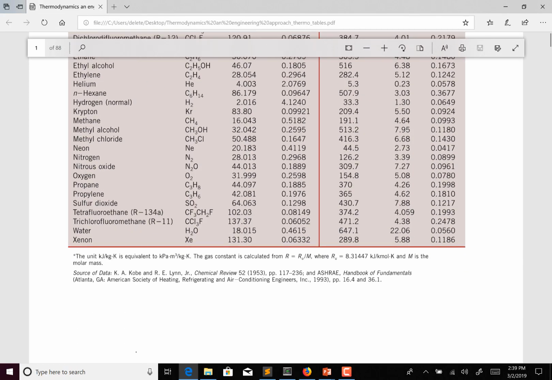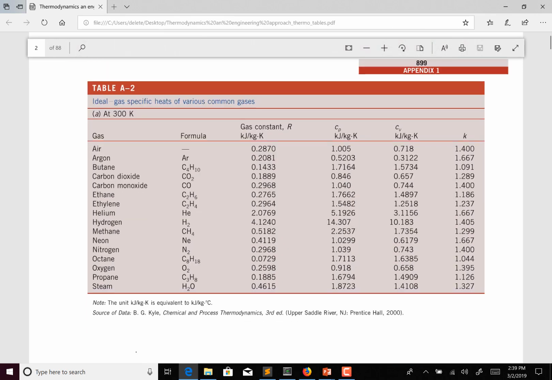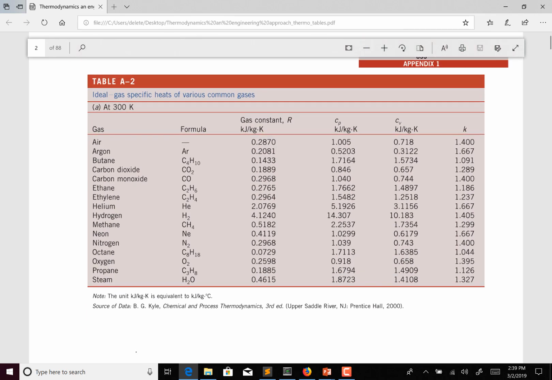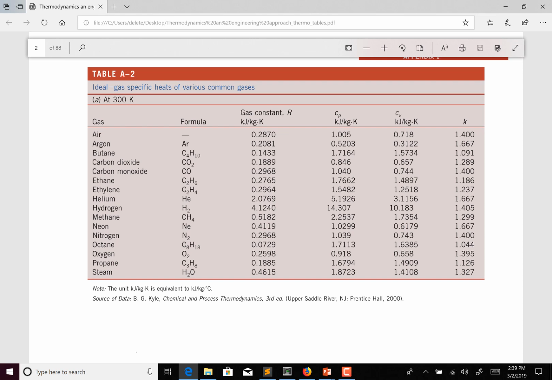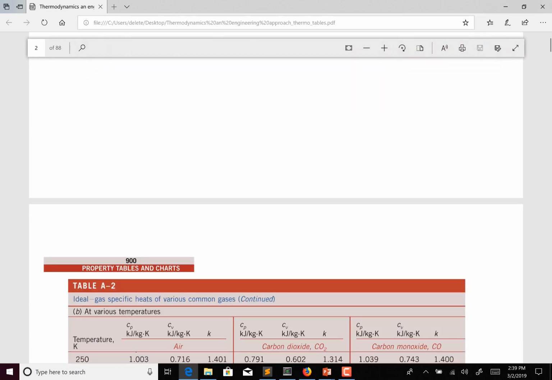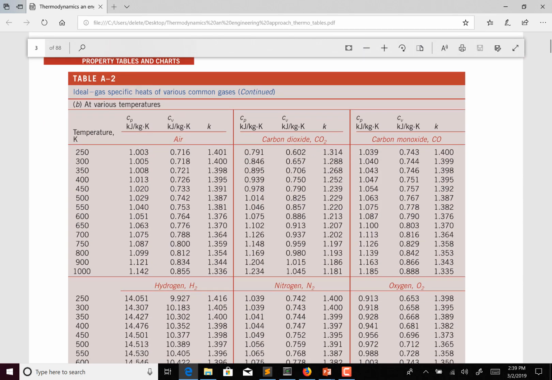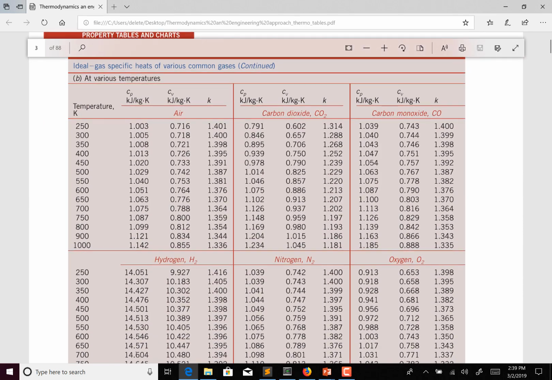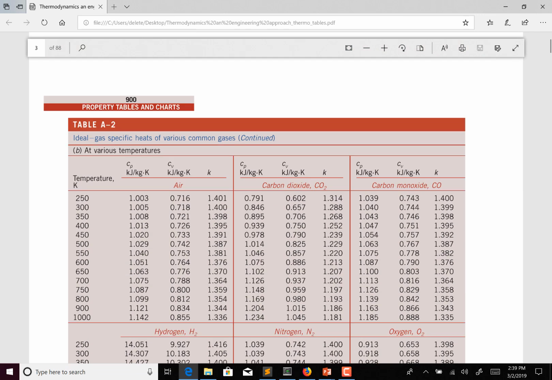So if we go to our tables, there's table A-2, and table A-2A says it's ideal gas specific heats of various common gases. We're going to talk about that in a minute. And then A-2B has ideal gas specific heats of various common gases at various temperatures.